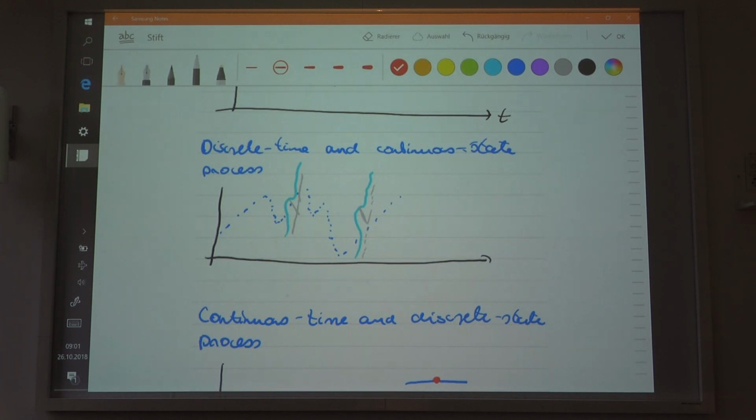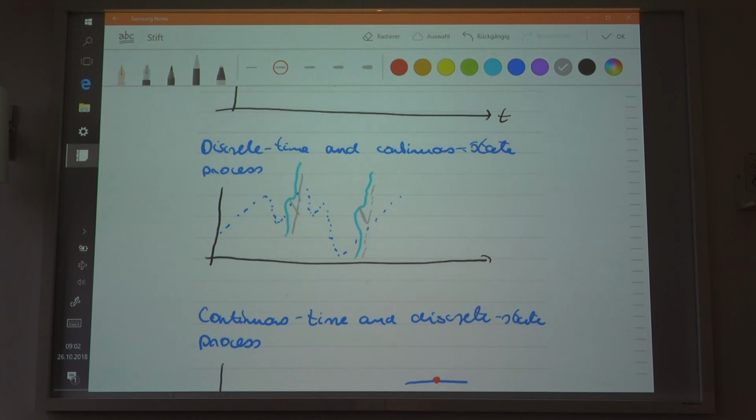But usually, even though you have a discrete time and continuous state process, you probably have seen this, and I have this also in the lecture notes, that you still connect the points, but this is just a representation. Usually you wouldn't, because let's say you have day 1, day 2, day 3, and you have nothing in between.